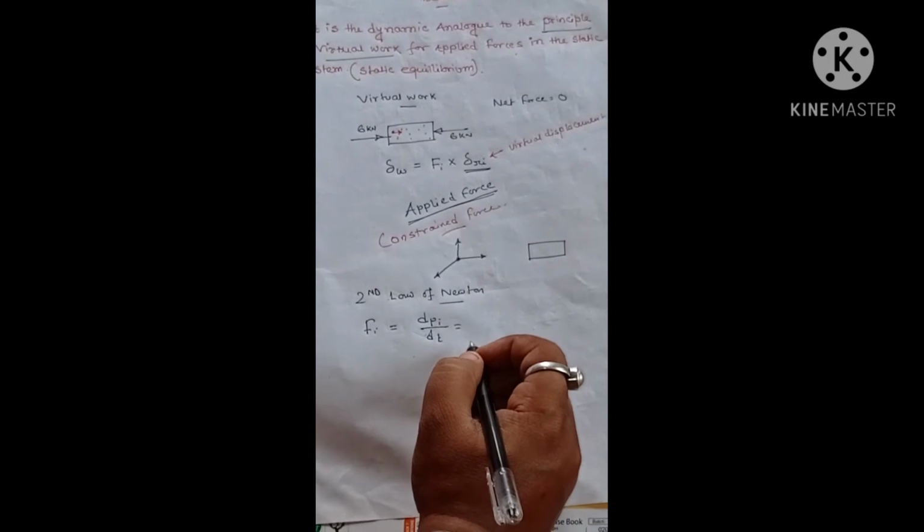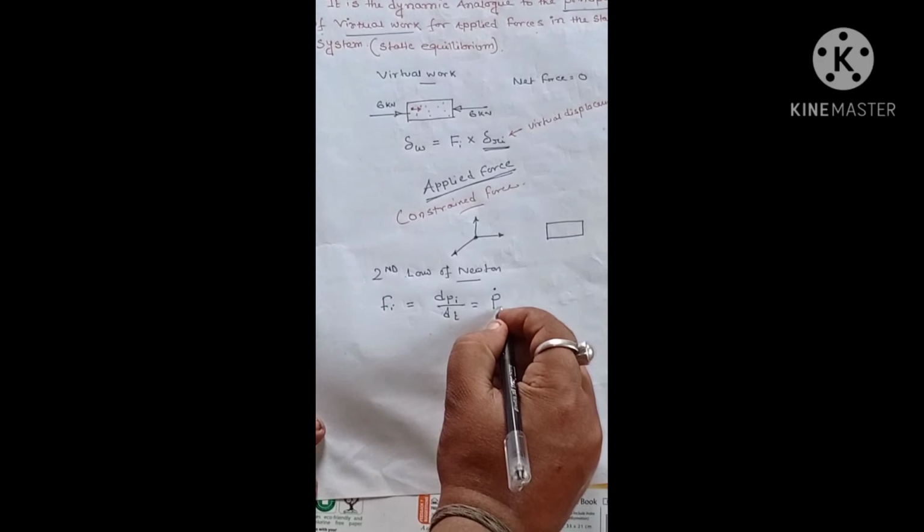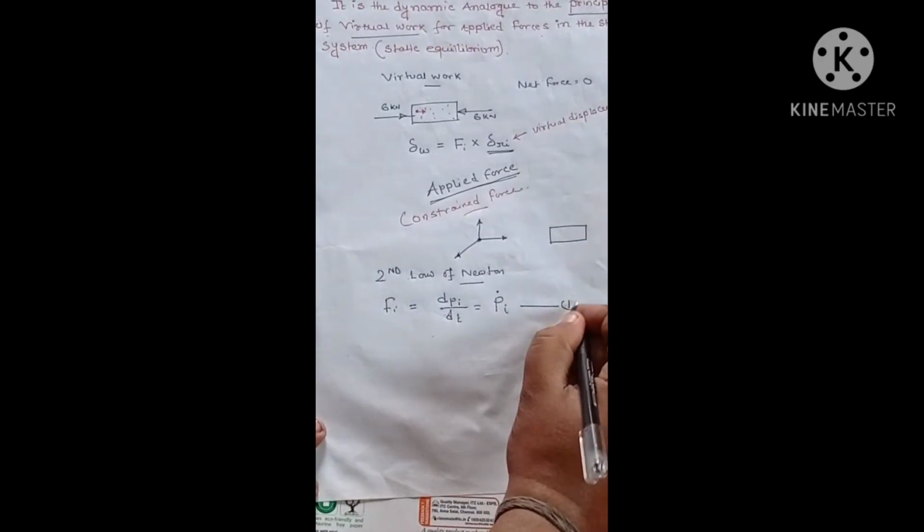In classical mechanics, the time derivative is also expressed as p dot. So I write it as p dot i and call this equation 1.